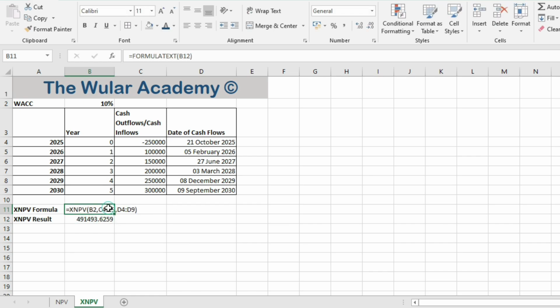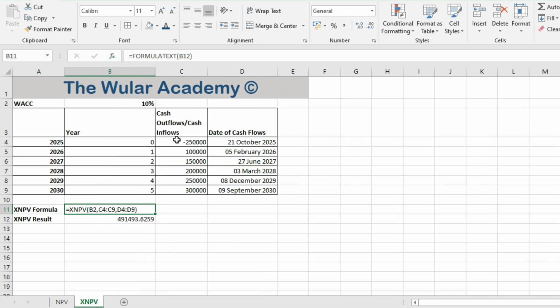So this is the formula for XNPV. We have the discount rate B2, then we have these values C4 through C9, and then we have these dates D4 through D9. So this is how you calculate the net present value using the XNPV function in Microsoft Excel.